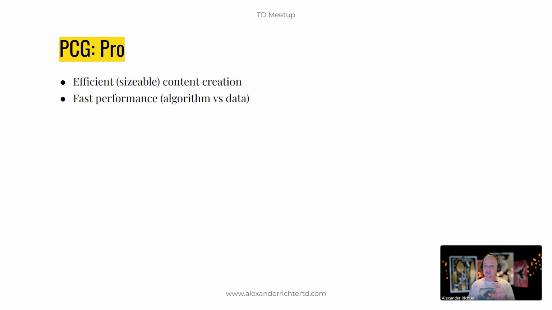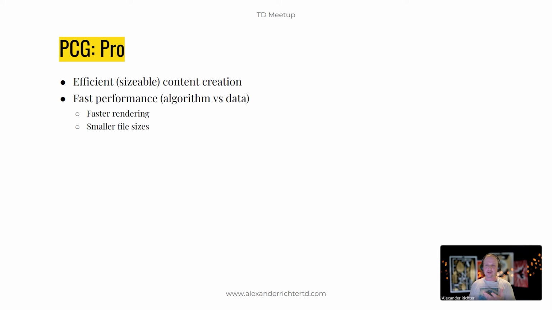A big thing that is sometimes overlooked in procedural is the fast performance time, because an algorithm is often faster to process than data, like a saved file. And that is important for rendering. Obviously, for offline rendering for visual effects, it's faster rendering, maybe 1 hour instead of 3. But for video games, obviously higher FPS, so better performance.